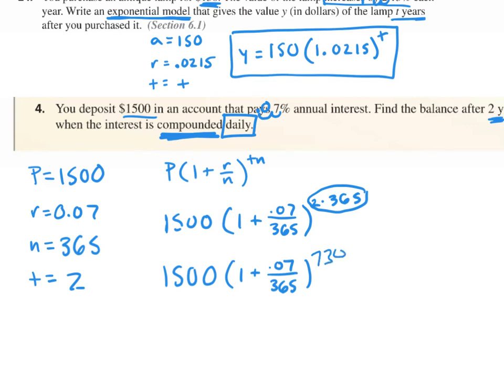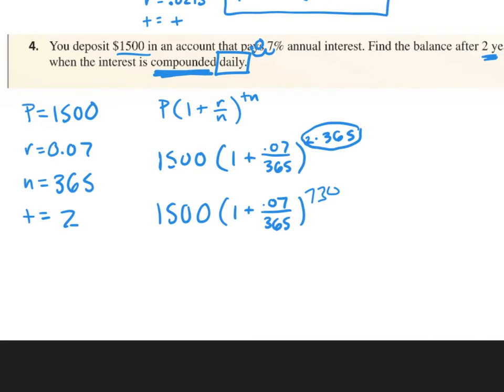What do we have to do next in our calculator? 0.07 divided by 365. And what do we get? Something like this. We add 1 to it, so we can just put a 1 up front.